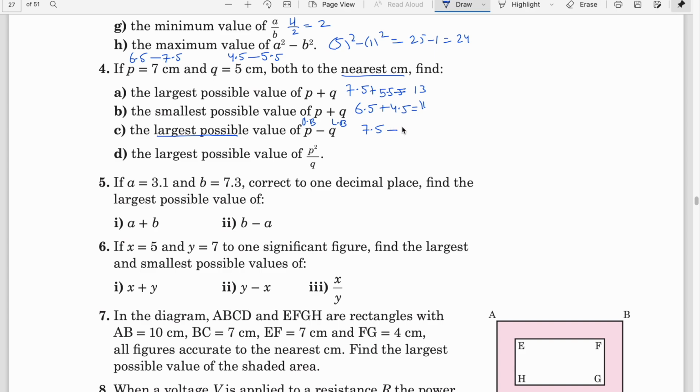That's right, Ali. And lower bound of Q is 4.5. So 3. Largest possible value of P square by Q. 7.5 square by 4.5. 12.5.